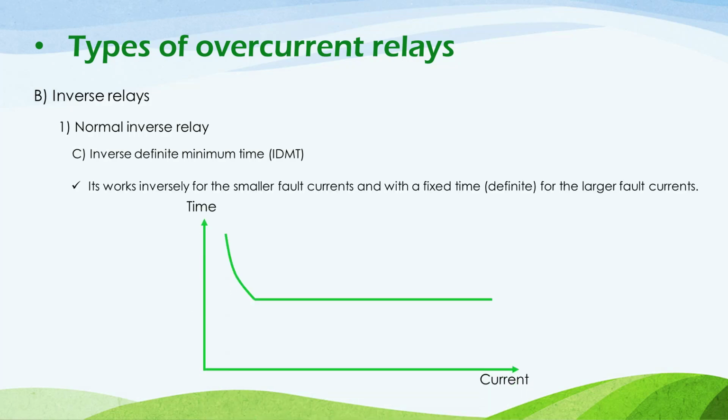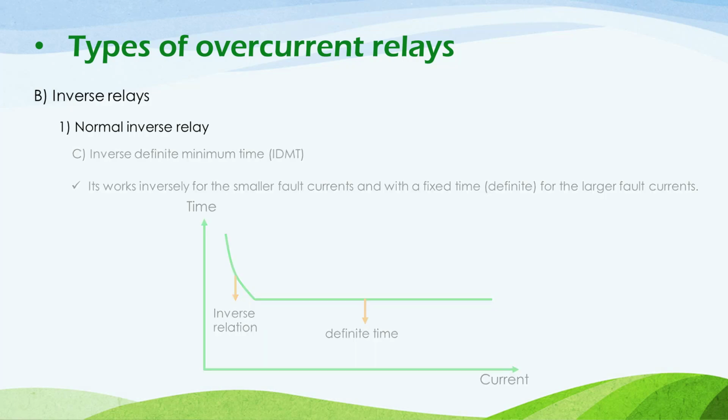And here this is the relation between the delay time and the current for that type of relays. As you see, at the first region, the fault current is inversely proportional with the time, and at the second region, when the fault current increases, the delay time becomes a constant one, or it's a definite time at any passing current through the circuit.